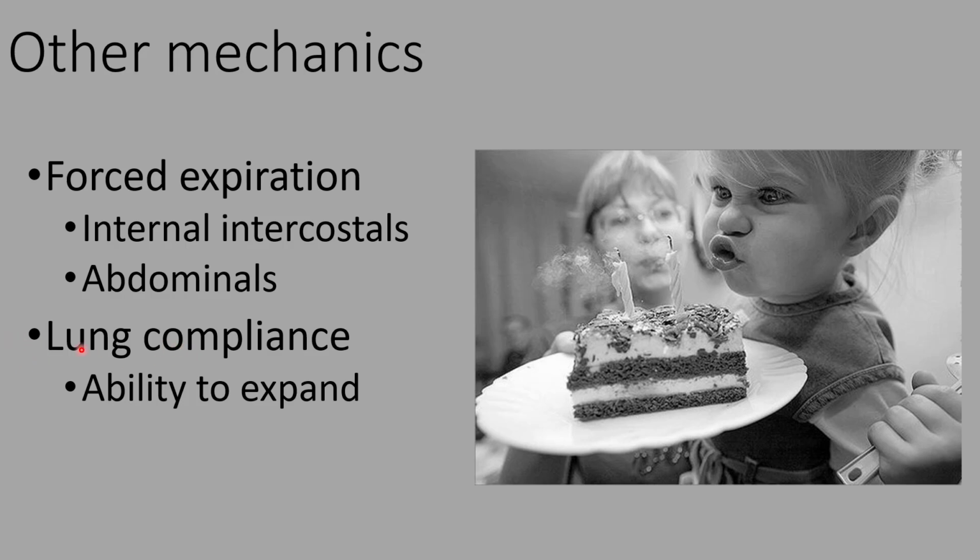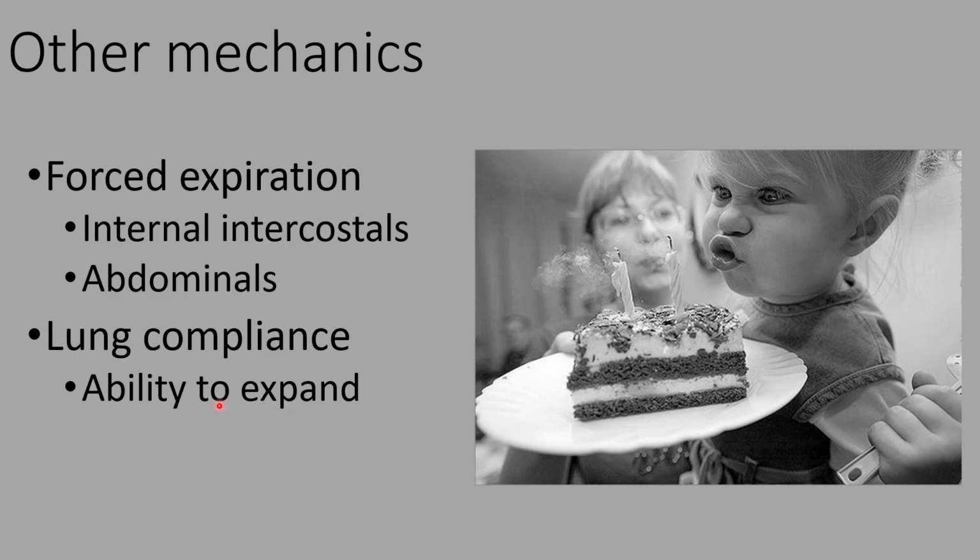Now, lung compliance is something that plays a big role in the ability to inhale and exhale. Lung compliance is the ability of lungs to expand. We want lungs to be very pliable. We want them to expand easily and snap back, and then expand easily and snap back.